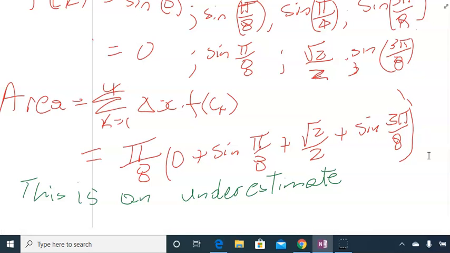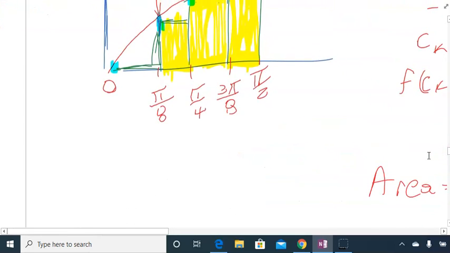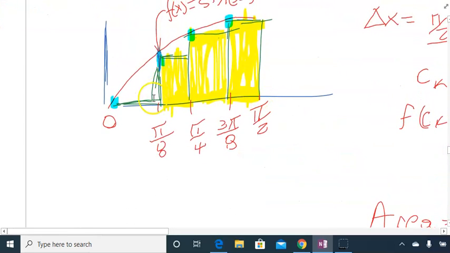We determine that it's an underestimate because, looking at our diagram, the rectangles all lie below the curve. Because those rectangles lie below the curve and you have some white spaces between the curve and the rectangles, the area estimated by the rectangles is an underestimate.